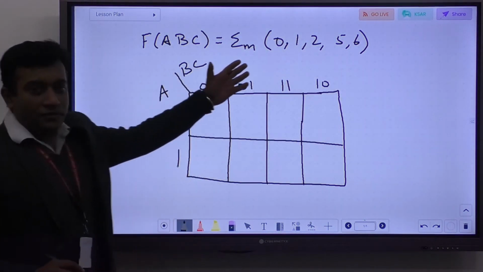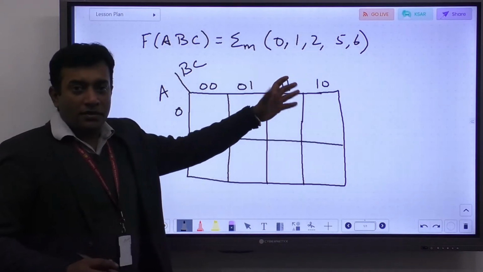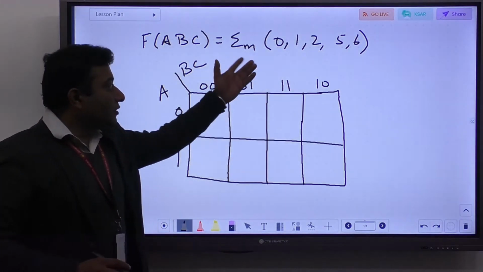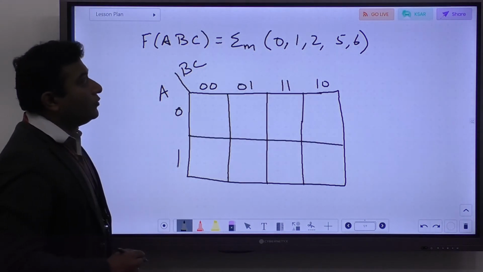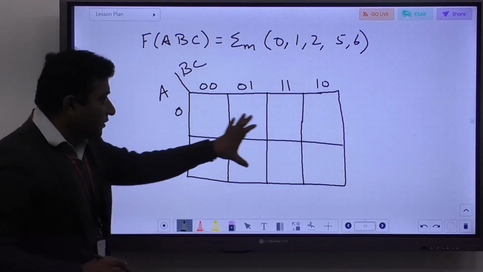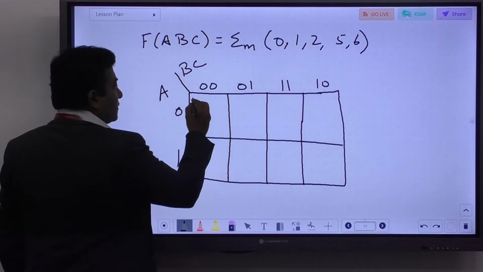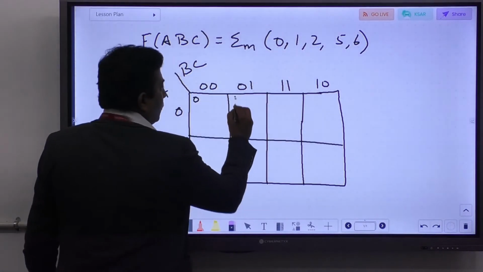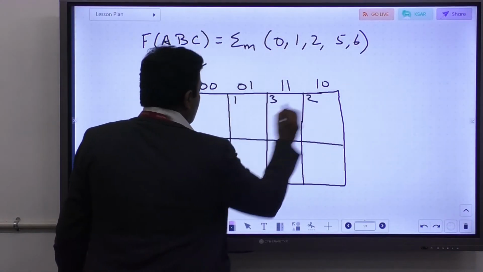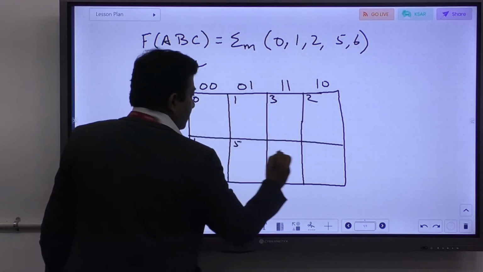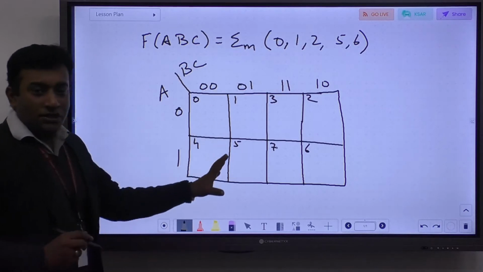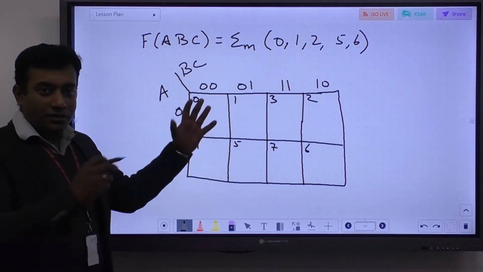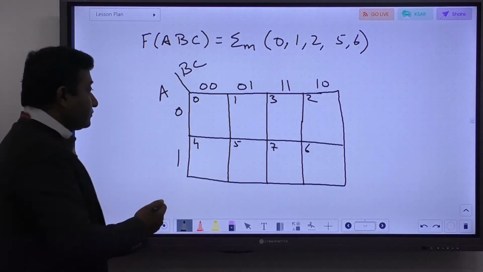We can also have max terms, which we can study later on. The minterms which we are having are 0, 1, 2, 5 and 6, and the positioning of the boxes is 0, 1, 3, 2, 4, 5, 6 and 7. The positioning that we had studied earlier, you can check the previous video.